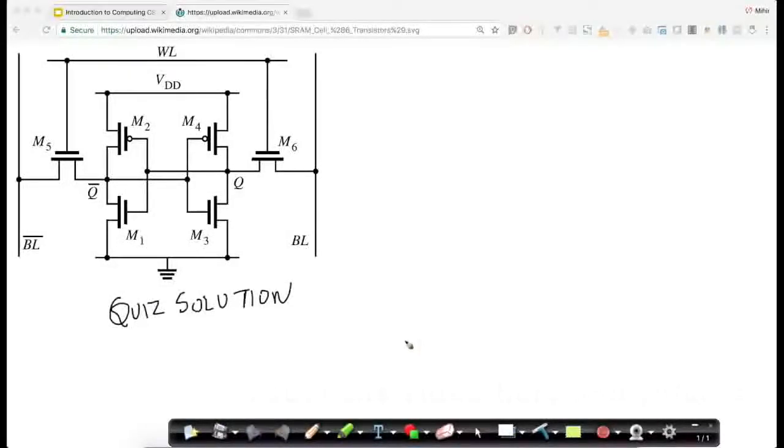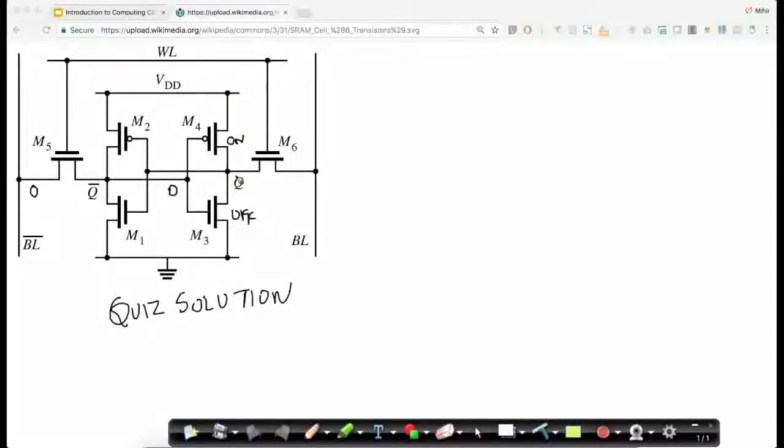So let's see what happens to M1 when you feed a logic 0 over here. When you feed a logic 0, the 0 will come all the way over here. This one is off. This one turns on.